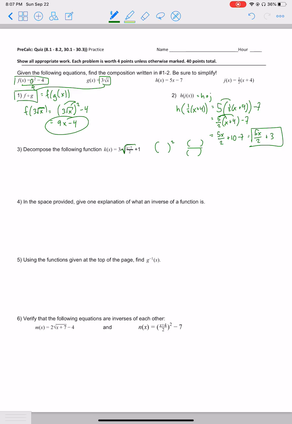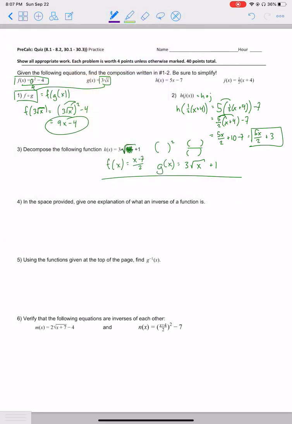Whenever you see parentheses, or in our case here the radical, one easy way would be to say f of x is equal to the thing inside the parentheses, and g of x would be the thing outside. So we do 3 times the square root of x plus 1. We can do all sorts of different combinations here.